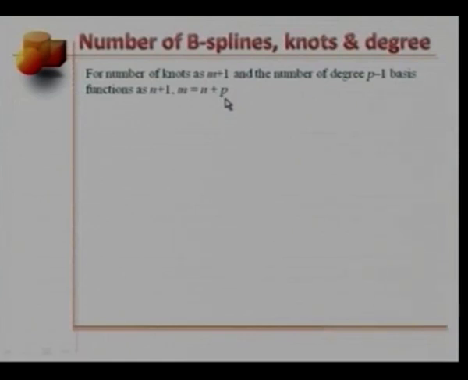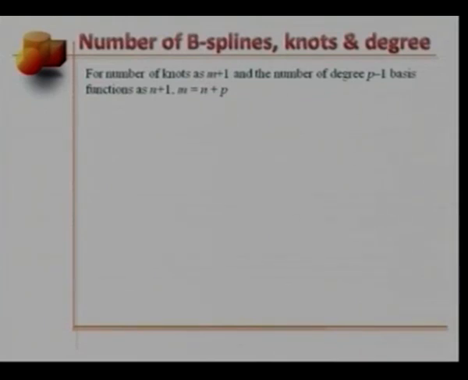In English, what does it mean? It means that if the number of order p basis spline functions is known, then the number of knots gets automatically known.